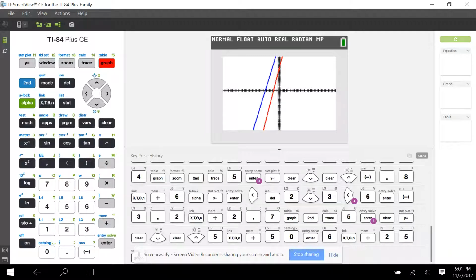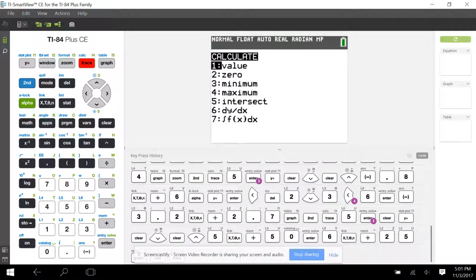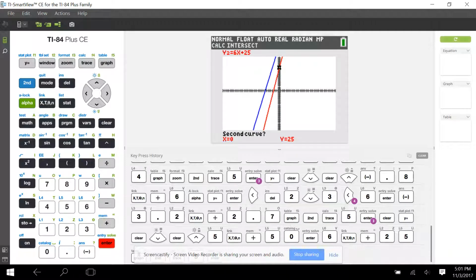Well, let's see what happens if I do second, trace, 5, enter, enter, enter. Oh, it worked for me. On your calculator, it might have given you an error because at x equals 25 hats, y equals $175. I think on your yellow calculator, if it's not on the screen, it gives you an error.